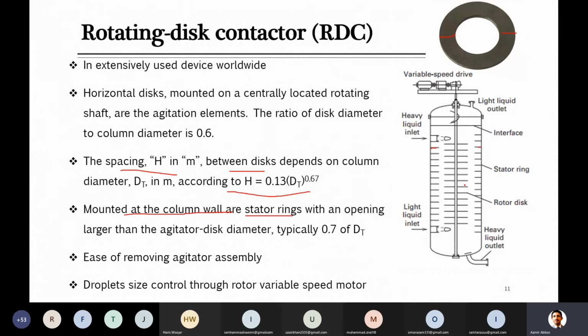The second better option is that at the top there is a variable speed driver, a variable speed motor. Its speed can be adjusted, and with that you control the mixing. When we do rigorous mixing, this leads to small droplets.